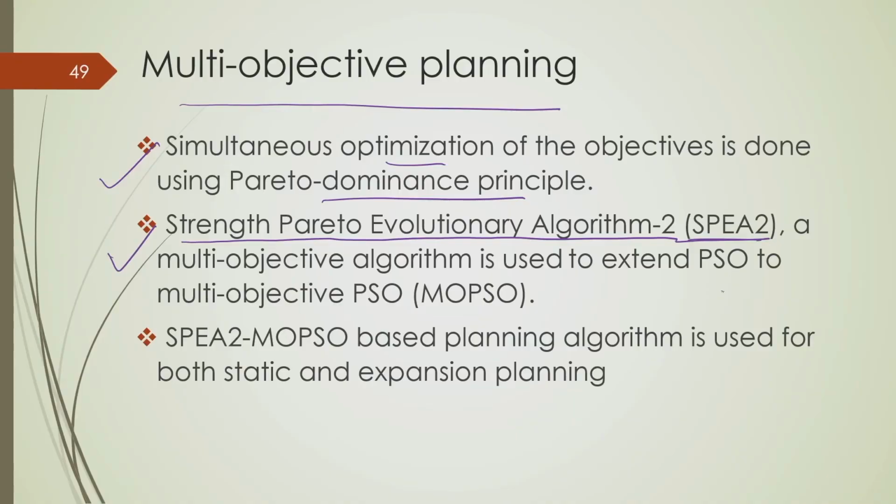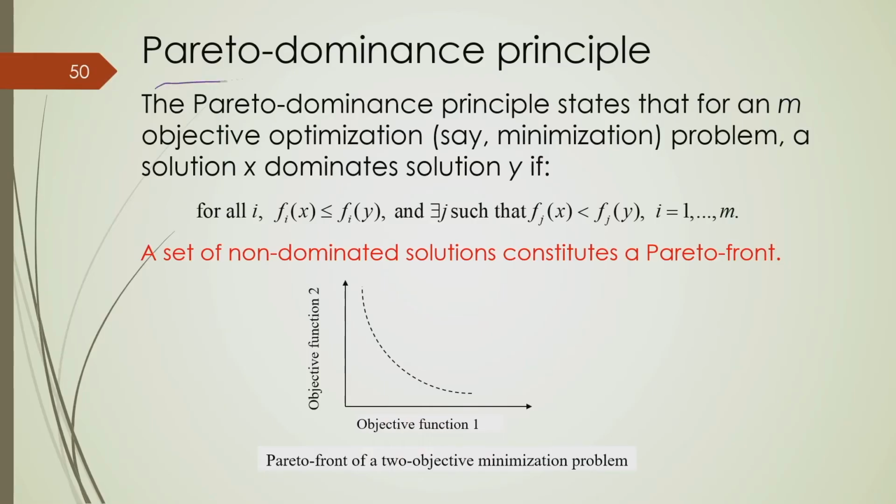So, we call this whole approach SPEA2 based multi-objective particle swarm optimization, often called SPEA2 MOPSO. We use it for both static and expansion planning problems, that is, for the 21 node data as well as the 100 node data.